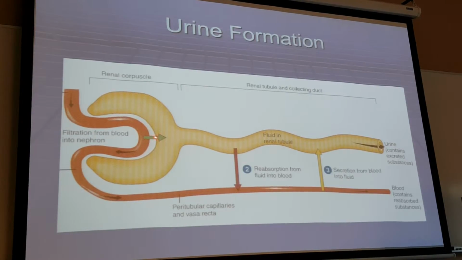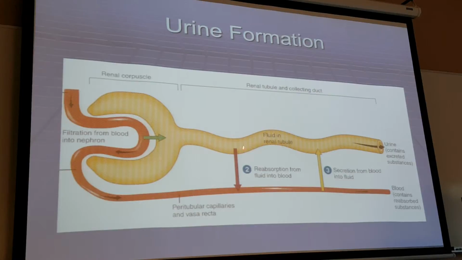Okay, and so then the blood that just had everything taken out of it passes in close association, wraps around the renal tubule, and throughout this close association, those things that we want are actively pumped back into the blood. If they are not actively pumped back into the blood, they become a part of urine.